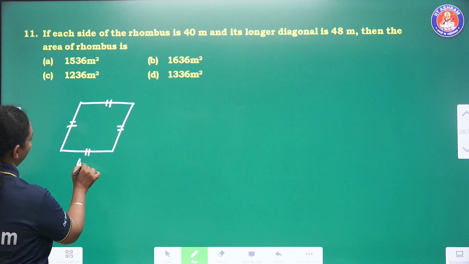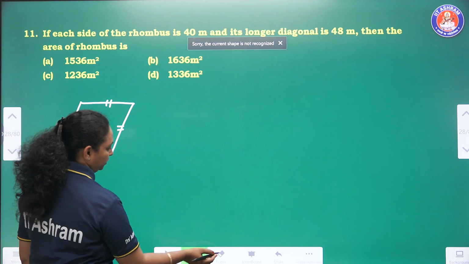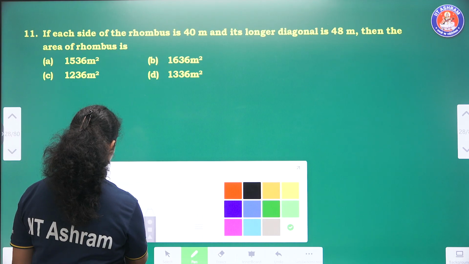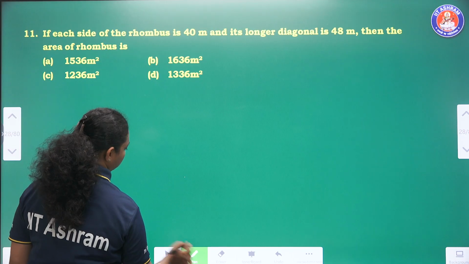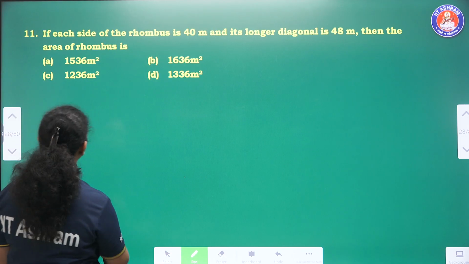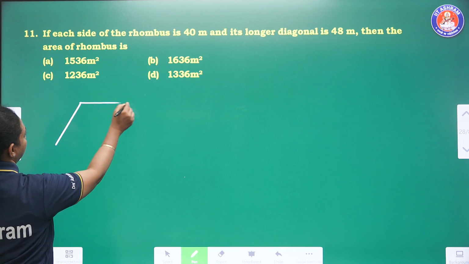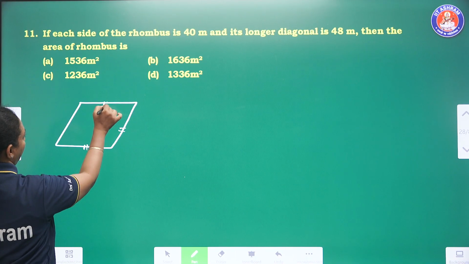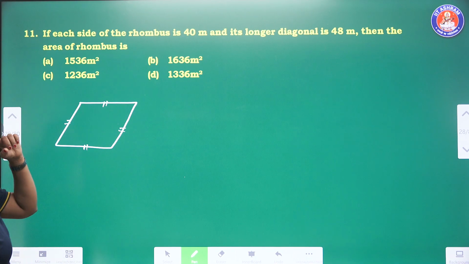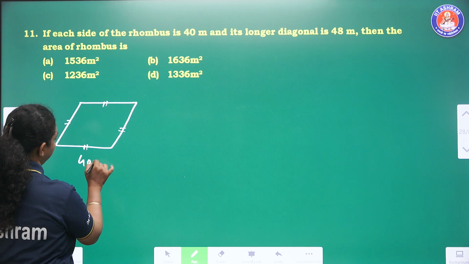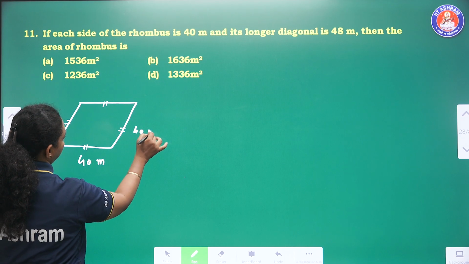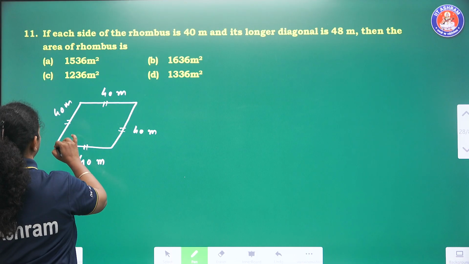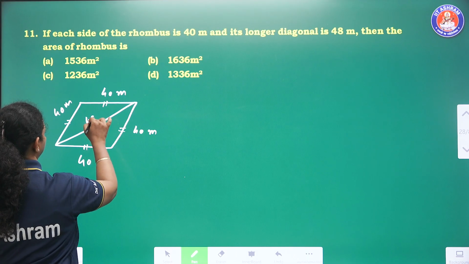So all sides are 40, 40 and 40. The measure of each side is 40 meter, and the diagonal is of 48 meter.